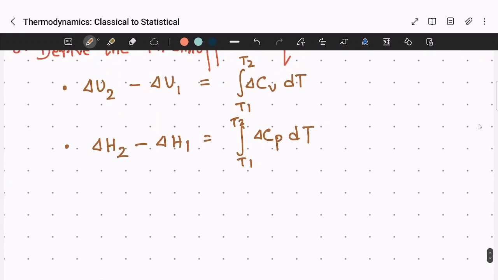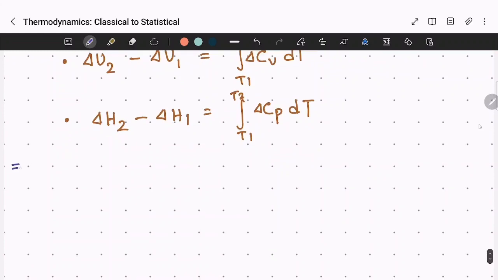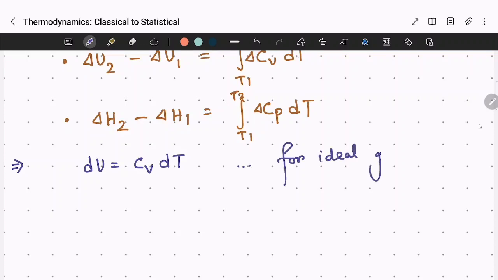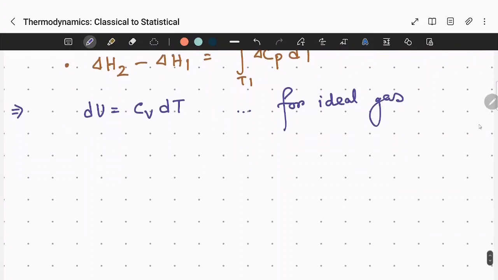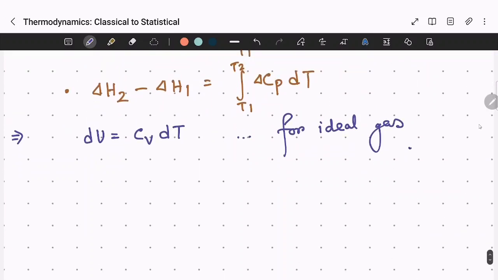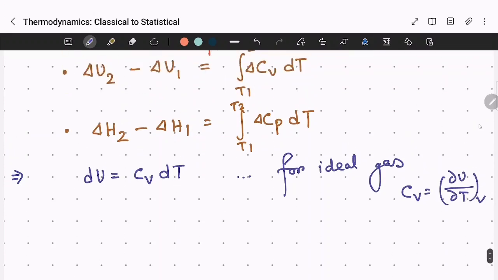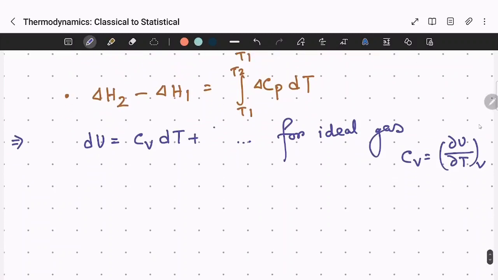Okay, what is U? For the first question, dU is actually CV dT. We know, for ideal gas. In previous question, we have discussed this. dU is actually CV dT. Basically, CV is del U del T at constant V. From here also you can write. But this is for ideal gas, because the total expression is this.